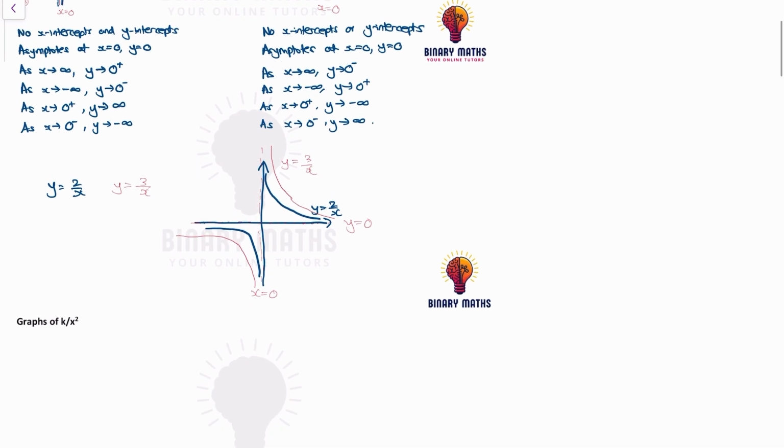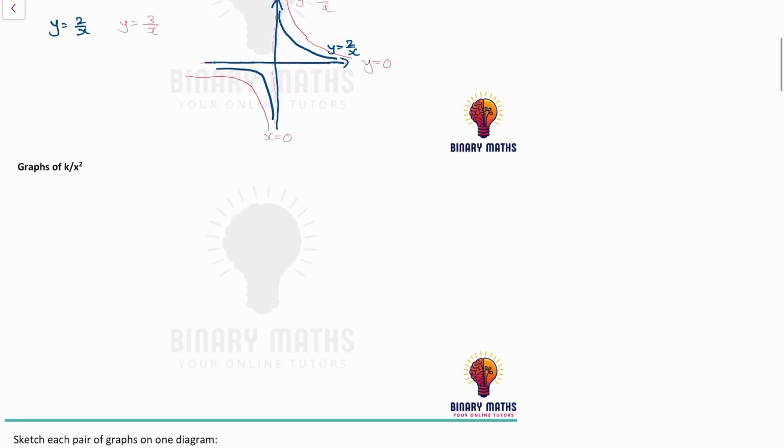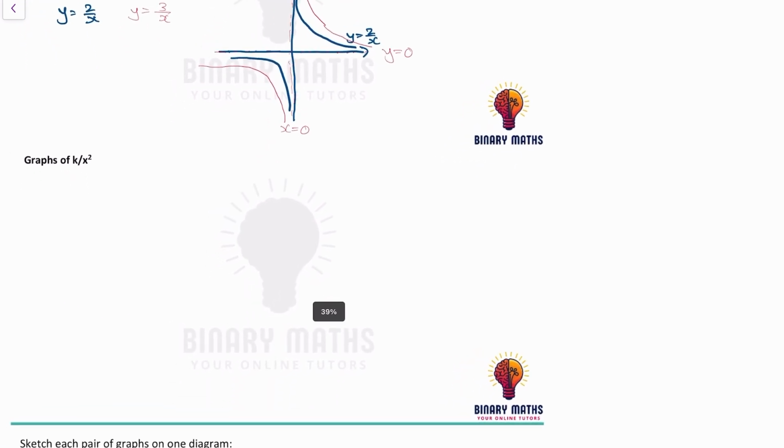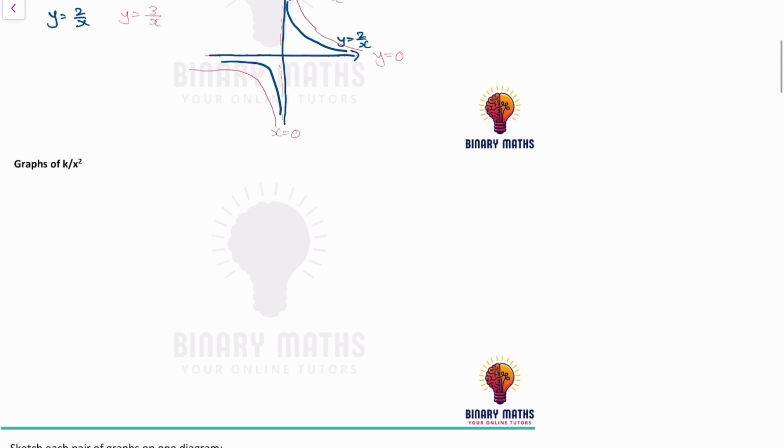Okay, you also need to know the graph of y is equal to k over x squared. So again, you have two different scenarios. So y is equal to k over x squared when k is greater than 0. Now, because you have k over x squared, this number is always going to be positive, because as soon as you square a number, you have positive, and k is positive, so all values are positive.